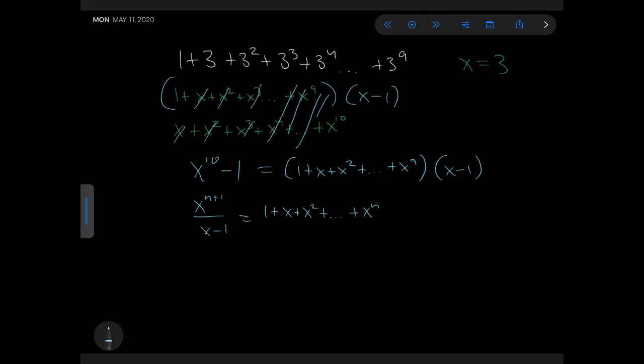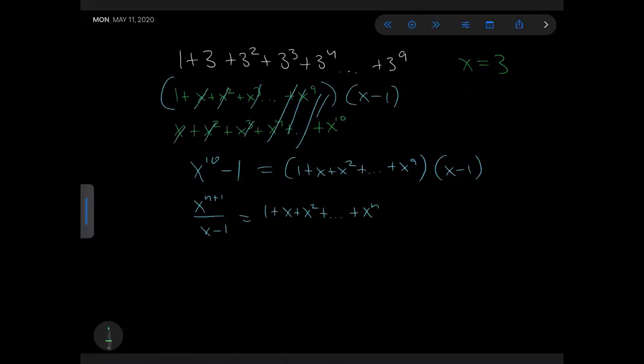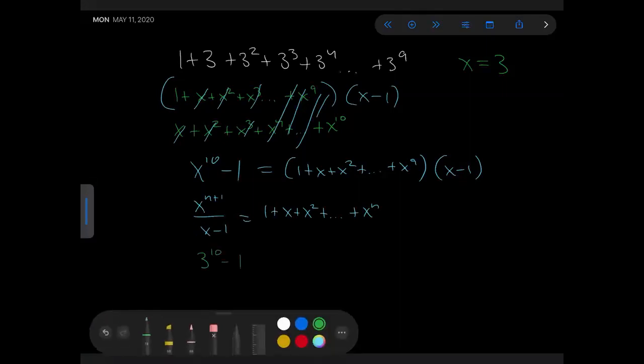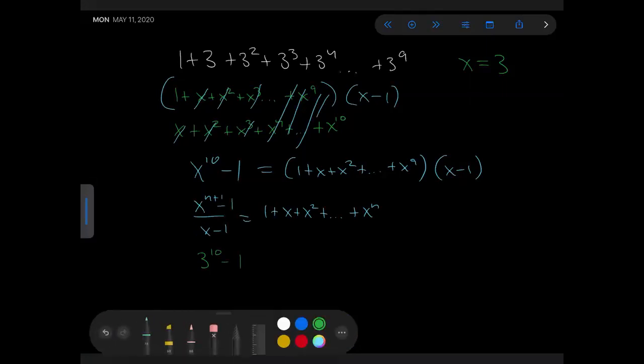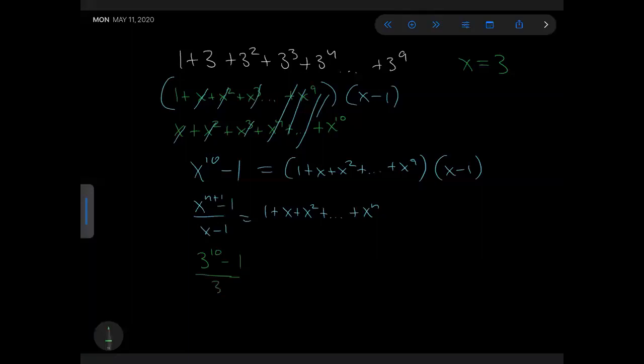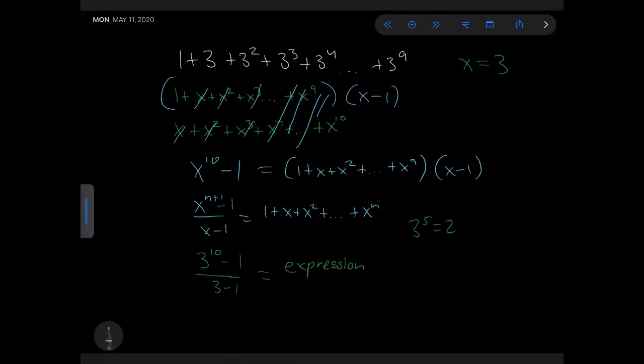Let's apply this to our original problem. We can plug back in 3. And now what we know is that we're looking for 3 to the 10th minus 1 over 3 minus 1 is our original expression. 3 to the 10th is a little bit hard to compute, but if you know 3 to the 5th, which you should, 3 to the 5th is 243.